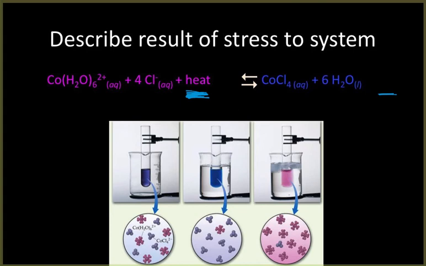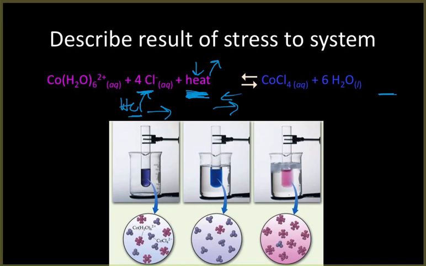For this particular one, if I increase the temperature, so if I add more heat, then it would shift to the right, and it would become blue. If I decrease the temperature, if I removed heat, then it would shift back to the left to replace that. If I add something like HCl, which has this Cl in common here, that would increase the concentration of this Cl, which would cause it to shift to the right.